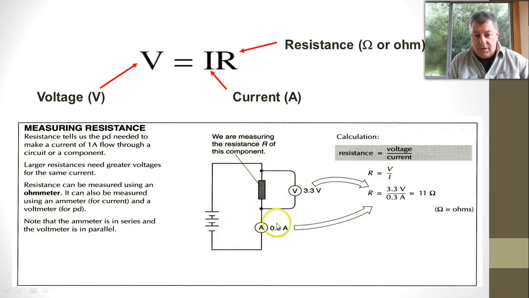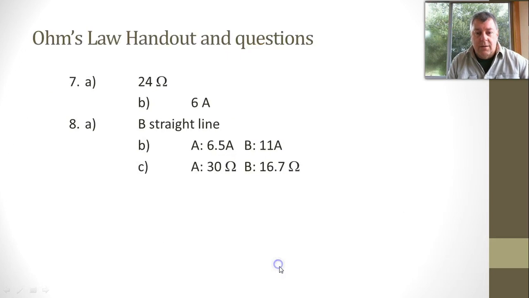So here's our circuit, there's our ammeter measuring the current, there's our resistor that we're interested in, we put the voltmeter around it, we get these numbers, 0.3 amps and 3.3 volts, and we put it into this formula, which has been rearranged. So V equals IR, so R equals V on I, and we get 11 ohms as the resistance. Okay, and that's all we need to do for that.